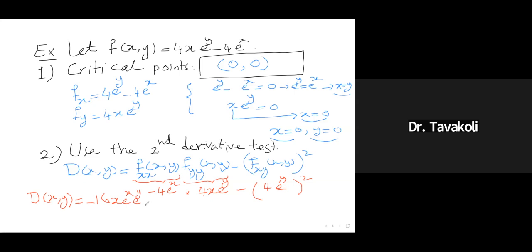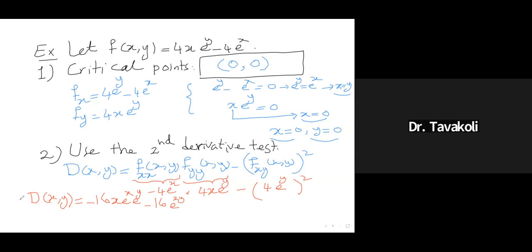And minus 4 squared is 16, e to the power of y all squared, which, as you know from basic algebra, is e to the power of 2y. So that's the D that we need to calculate at (0, 0).